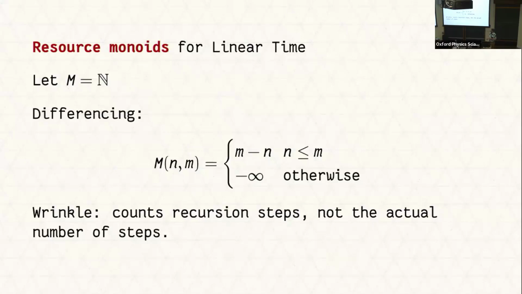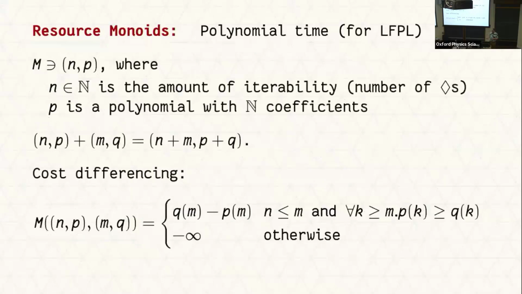Have I got it the right way around? There's a wrinkle that when we put it into the realizability model in a second, this is either excessively pedantic or you have to make it count just the recursion steps, because otherwise it tries to count. There's no way of padding this one. But for polynomial time, what do we do?